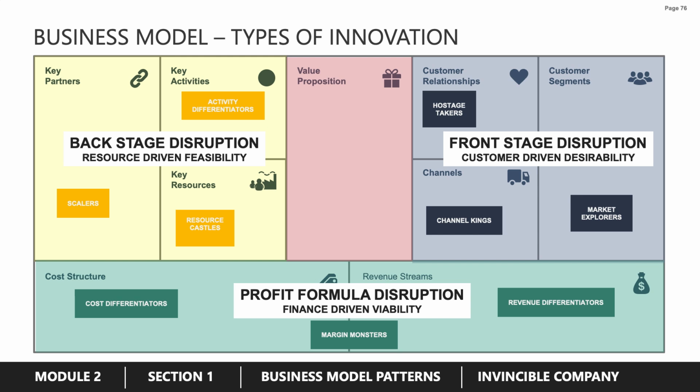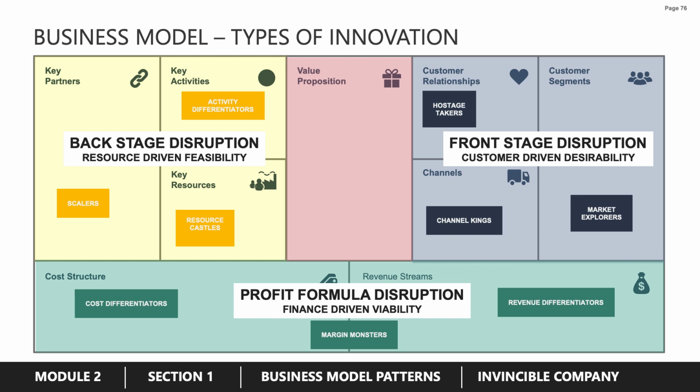So in other words, the front stage disruption is where you implement patterns that transform how you interact, acquire customers, communicate with them, and the relationship. Likewise, on the backstage, on how you create value, your activities, your partners, your resources, there are different ways in which you can use patterns to create value.